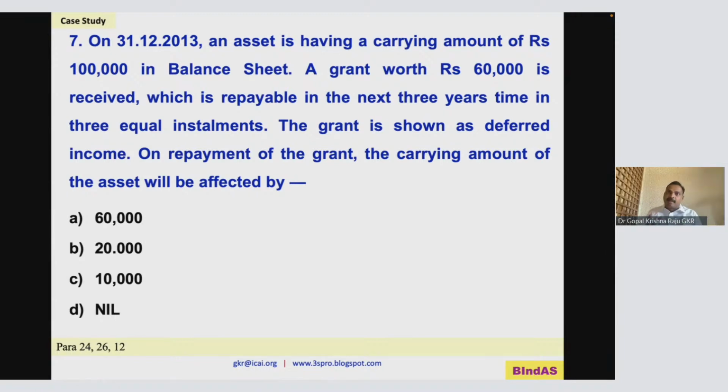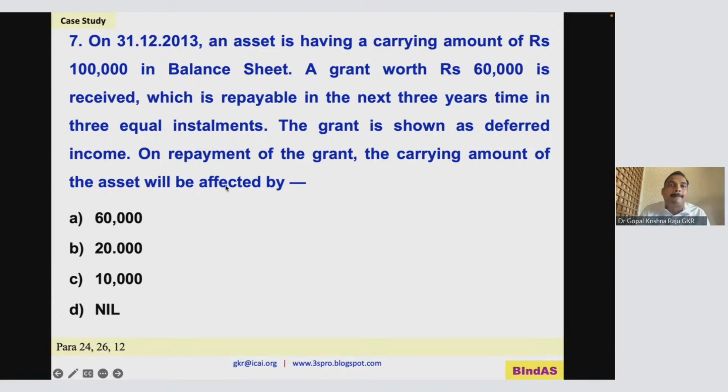In both cases, if it is an amortized grant, that is the income approach. The 1 lakh will be amortized over a period. The grant will go to income, the 1 lakh depreciation will go to P&L. Or netting means 40,000, and the 40,000 will be depreciated over a period of time. And on repayment of the grant, the carrying amount of the asset will be 0.